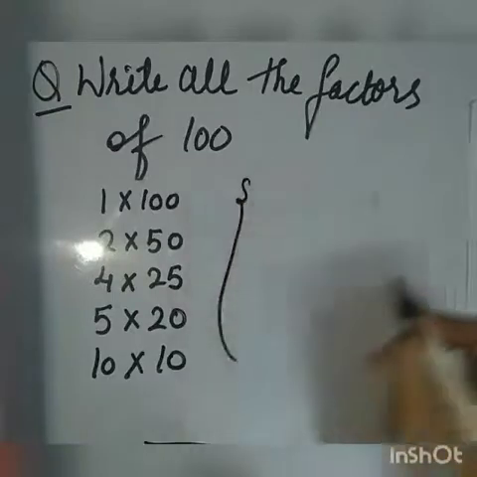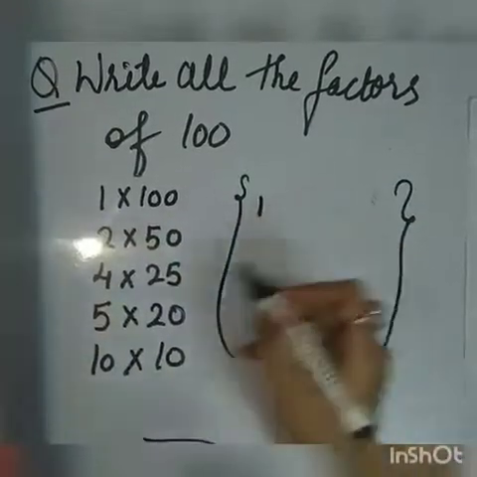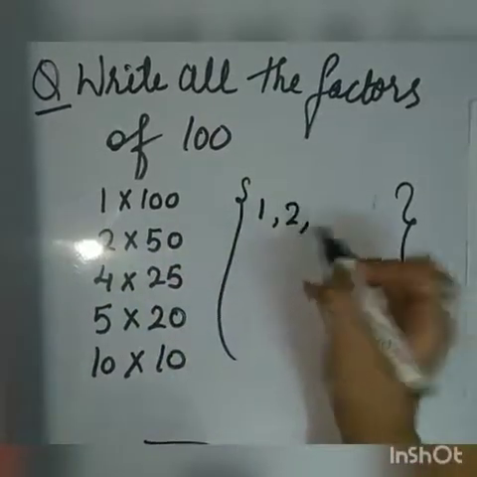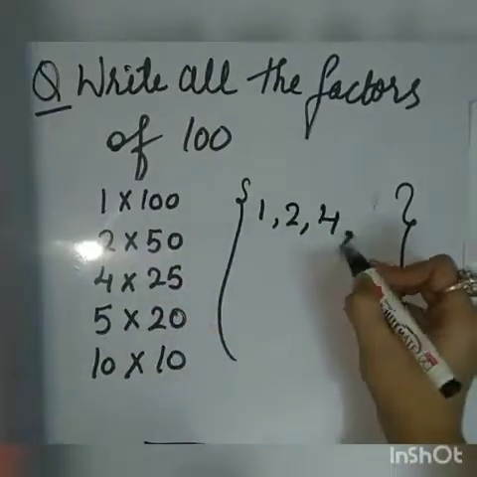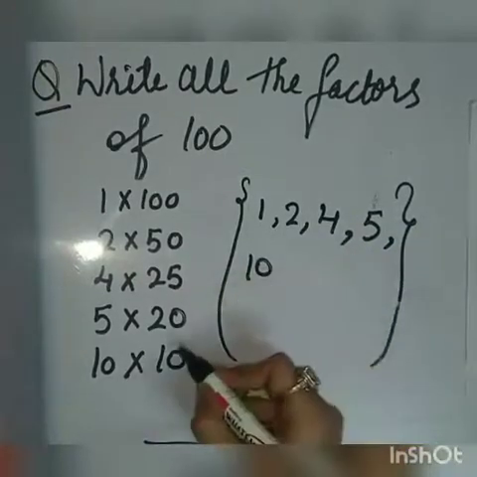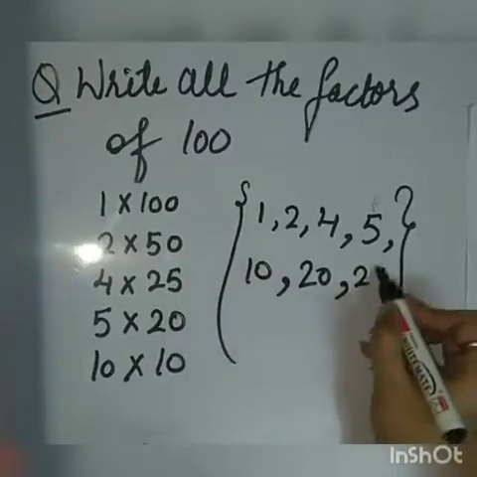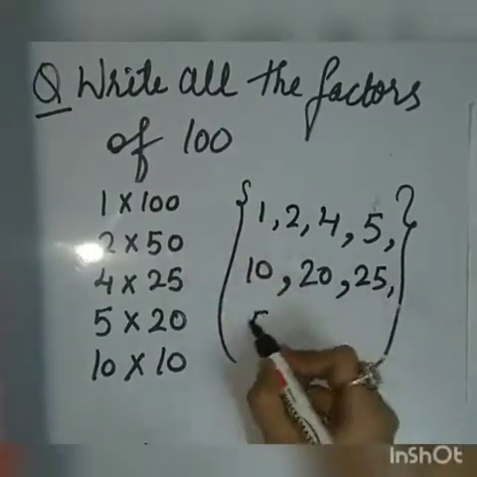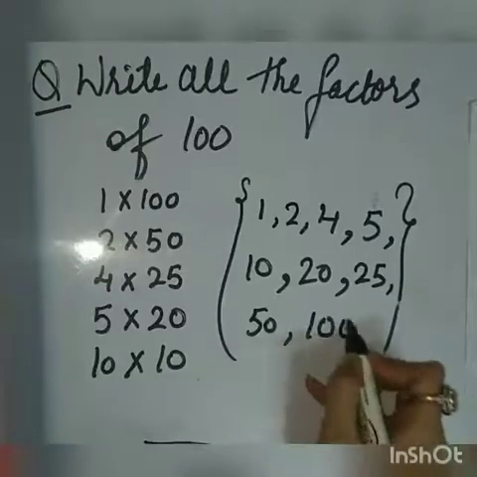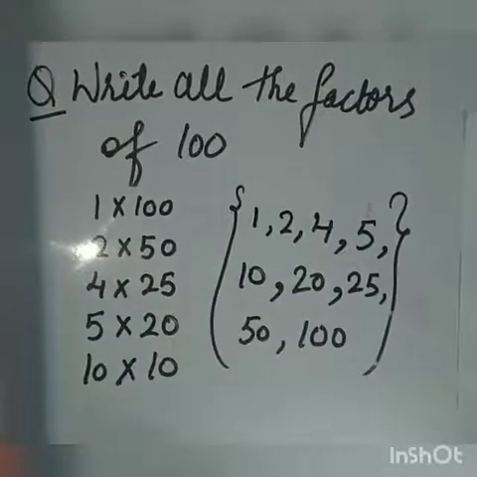So the factors of 100 are 1, 2, 4, 5, 10, 20, 25, 50 and 100.